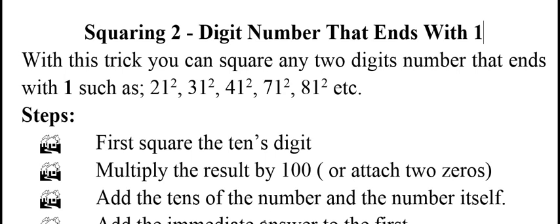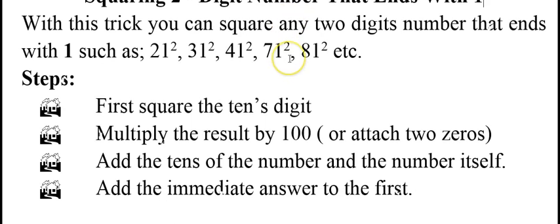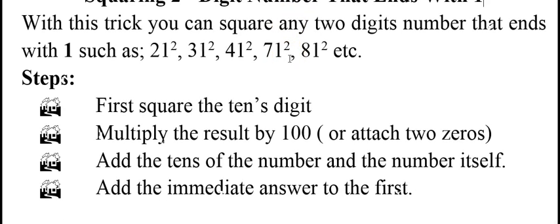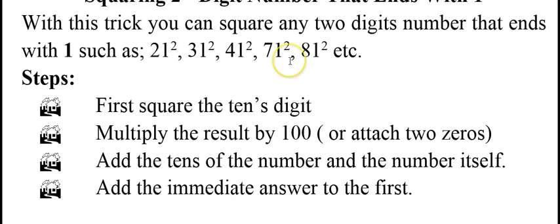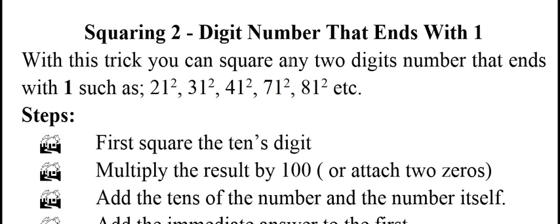Multiply the result by 100, or attach 2 zeros. Then we add the tens of the number and the number itself. Then finally, we add the immediate answer to the first. So we'll take an example and see how squaring of a 2-digit number that ends with 1 works.